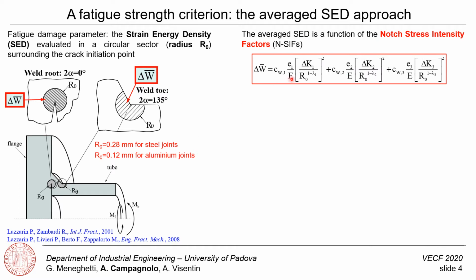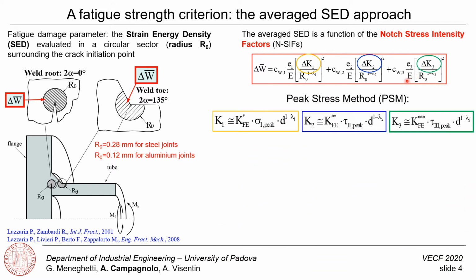The averaged SED can be expressed in closed form as a function of the notch stress intensity factors, which in turn can be rapidly estimated by using the peak stress method, so that the closed form expression of the averaged SED can be rewritten as a function of the peak stresses.